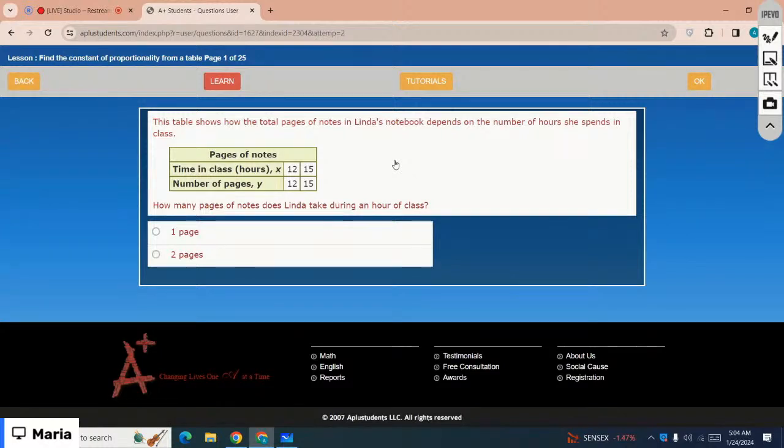This table shows how the total pages of notes in Linda's notebook depend on the number of hours she spent in class.